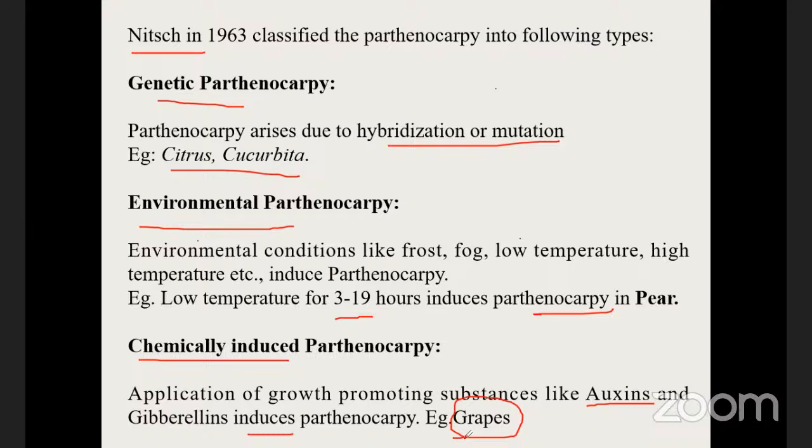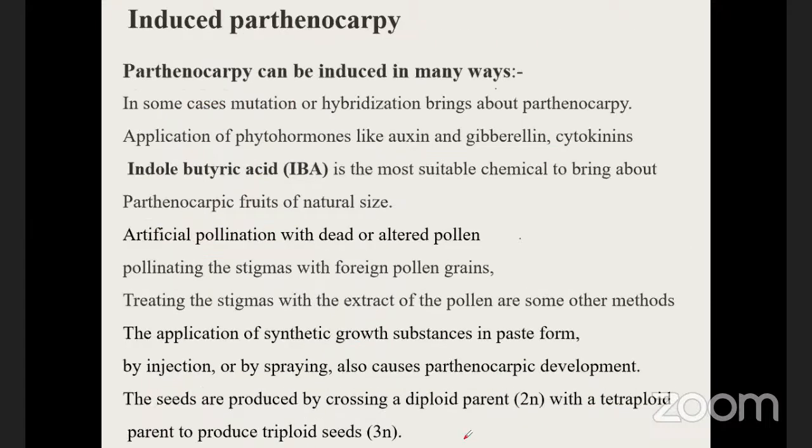You know, gibberellin comes from the fungus Gibberella fujikuroi, causing bakanae disease. That chemical gibberellin induces parthenocarpy, more bunches of grape, and improves the fruit size and bunch size of the grapes. It also induces germination of seeds. So these are the three types: genetic, environmental, and chemically induced parthenocarpy.